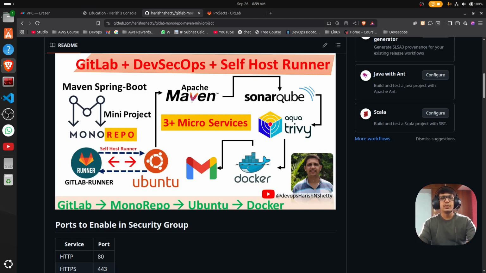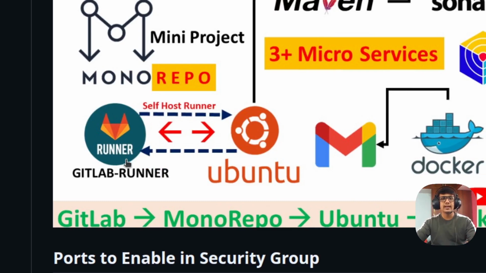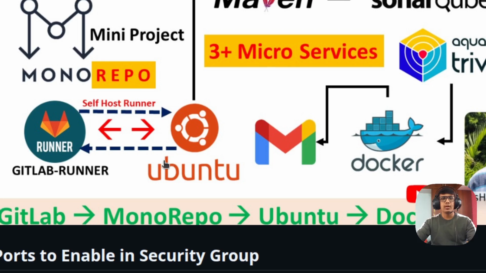Basically this is a GitLab Runner project. We are using the GitLab Runner on a self-hosted Ubuntu machine. As seen in the image, we have a GitLab account and a repo we create in GitLab, and we connect that GitLab to the Ubuntu machine with the help of a GitLab token.